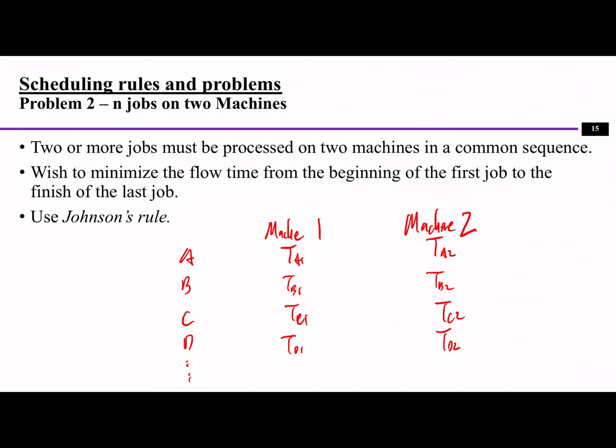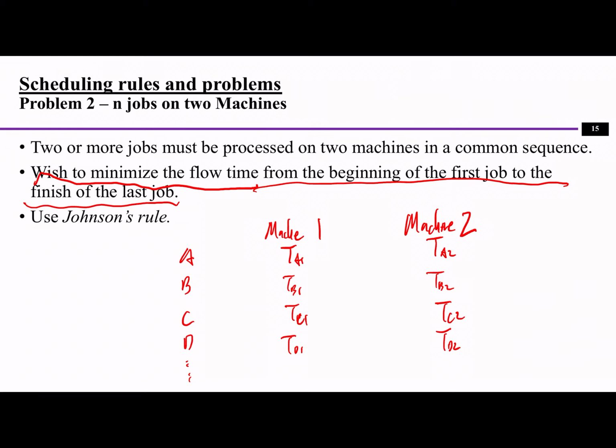And then the question is, how do we schedule the jobs? Should they be A, B, C, D, E, or some other sequence in order to have better performance in this case? Our job is to minimize the flow time from the beginning of the first job to the finish of the last job.